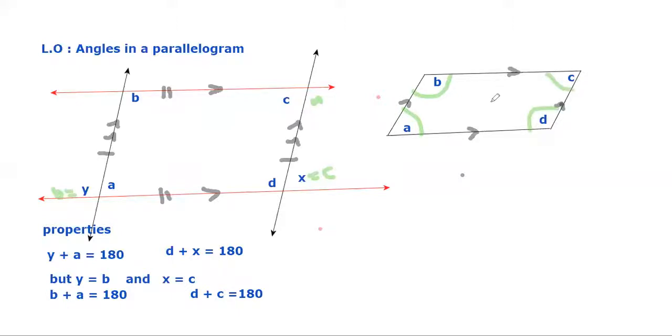That is very, very important. So the first important property is that two angles next to each other, the best term would be adjacent, but I want to use simple English, add up to 180.